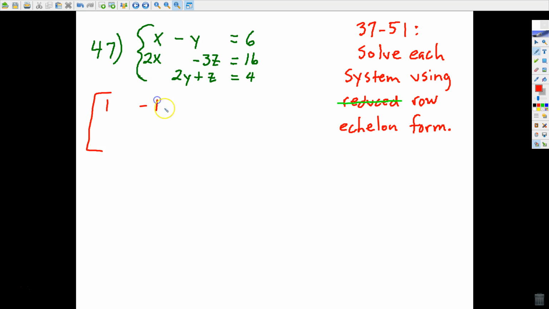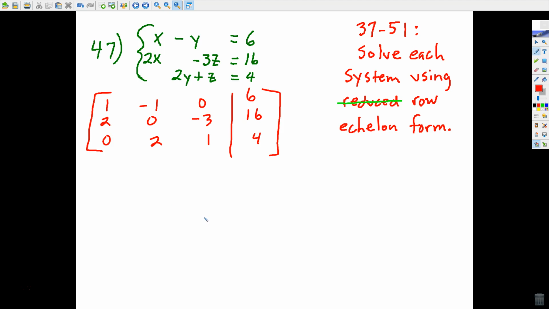So 1, negative 1, 0, 6, 2, 0, negative 3, 16, 0, 2, 1, 4. And once again, this is nice because this first spot has to be 1. It already is. So that's good for us.